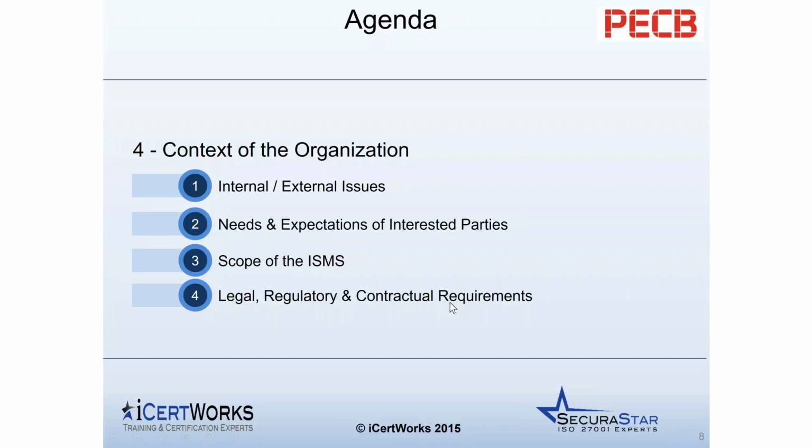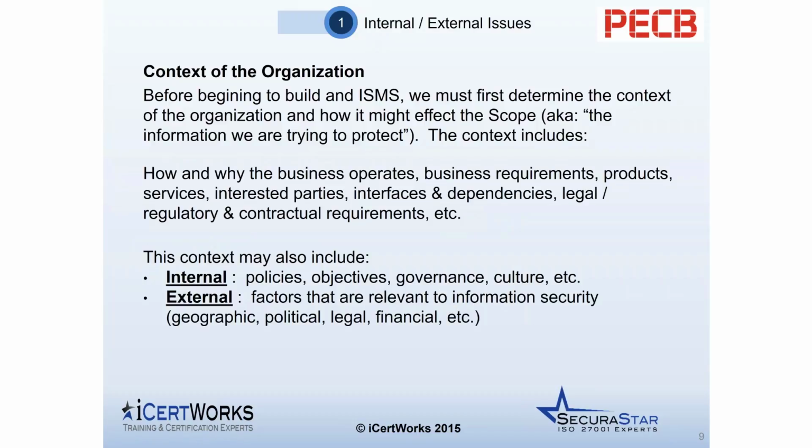Before building an ISMS, we must first determine the context of the organization and how it might affect the scope, also known as the information we're trying to protect. Okay, how and why the business operates, business requirements, products and services, interested parties, interfaces and dependencies, and legal, regulatory, contractual requirements.